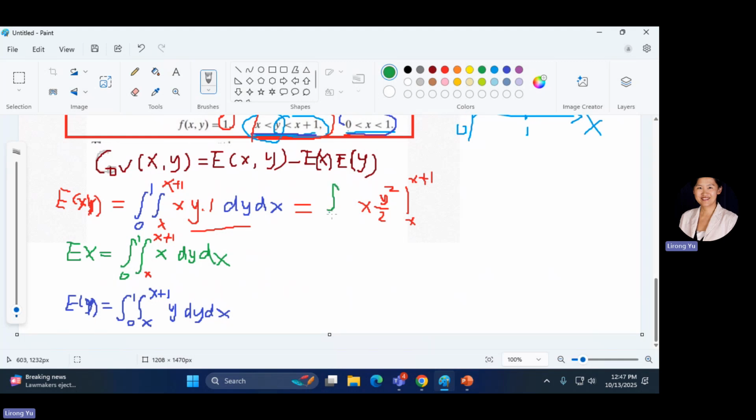On the outside, you still have to do 0 to 1 dx. X has a boundary. So to finish the integration, we put in x plus 1 for the y, so it would be x over 2 times x plus 1 squared minus x squared.